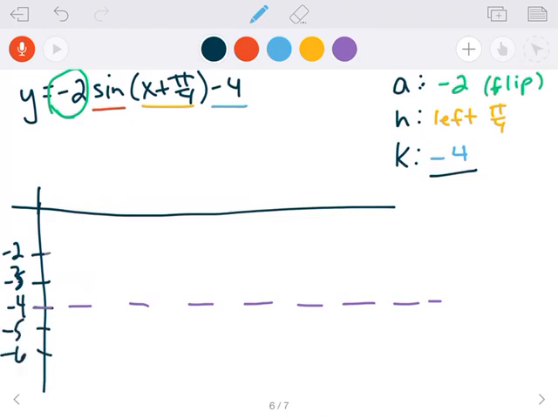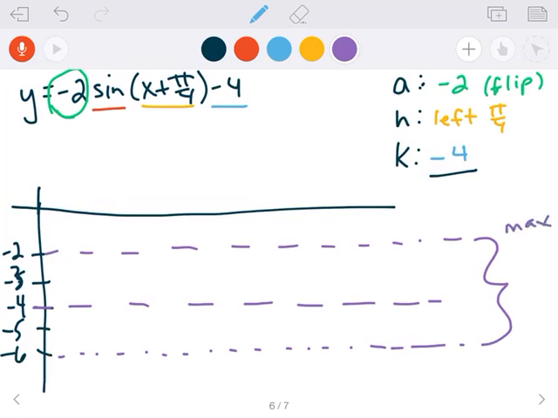So if we mark our maximum, it's going to happen here at -2. The graph will go no higher than that. The graph will go no lower than -6. So the entire graph is going to happen between those three lines. We have our max, our midline, and our minimum.